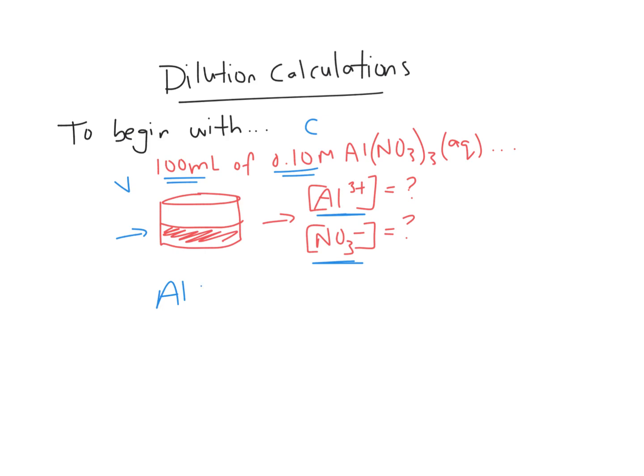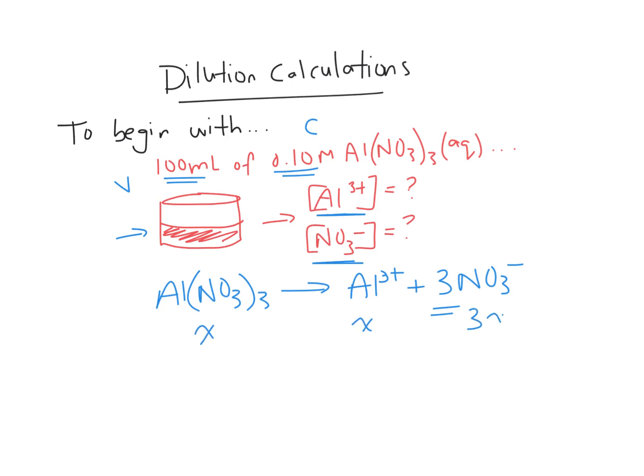Well, when it's present in solution, the aluminum nitrate salt is going to produce one aluminum ion for every unit of salt, and it's going to produce 3 nitrate ions, isn't it? So we would expect the concentration of nitrate to be 3 times as high as the concentration of aluminum, and if this is X, this is going to be X, and this is going to be 3X.